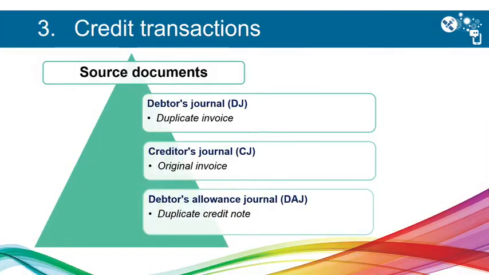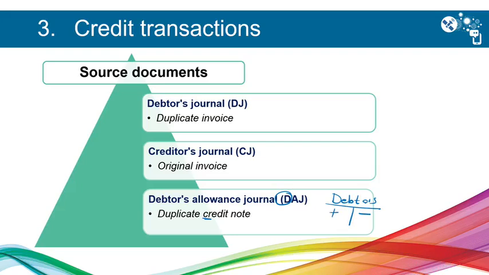When a debtor returns goods to us, we will issue a credit note. In the debtor's allowance journal, we issue a credit note. Why? Because our debtors, which is an asset, will be credited.